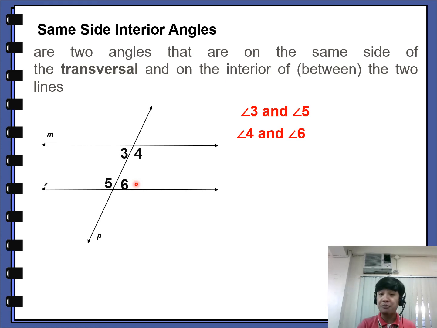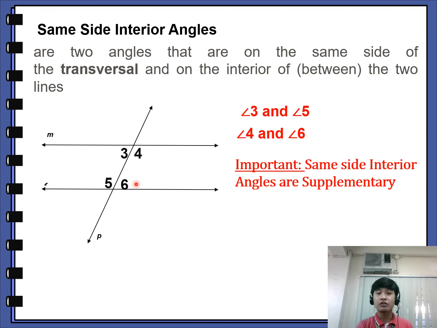So, meron din tayong property na kailangan nating isipin o tandaan when discussing about same side interior angles. So, take note that same side interior angles are supplementary. Pag sinabi po natin supplementary, these are two angles whose sum is equal to 180 degrees. Ulitin natin. Same side interior angles are supplementary.